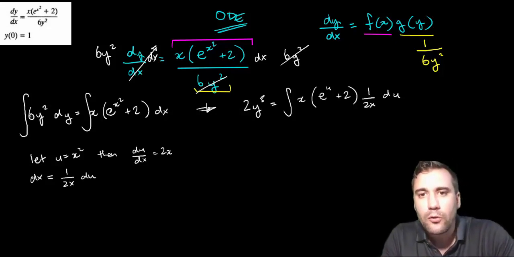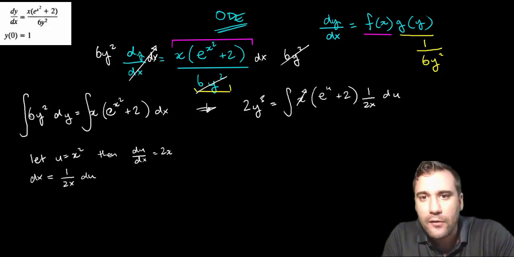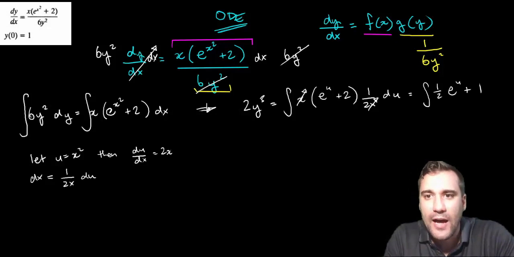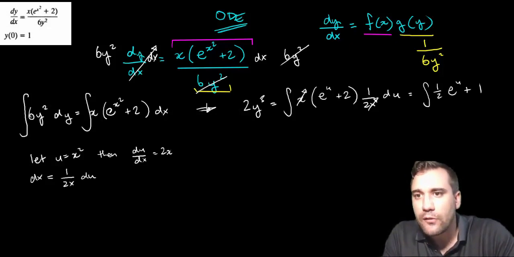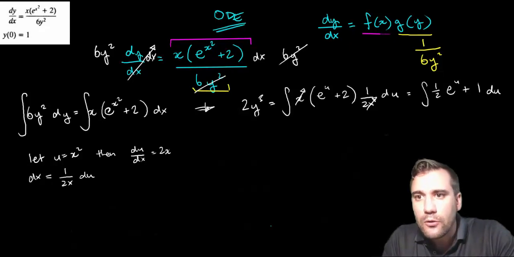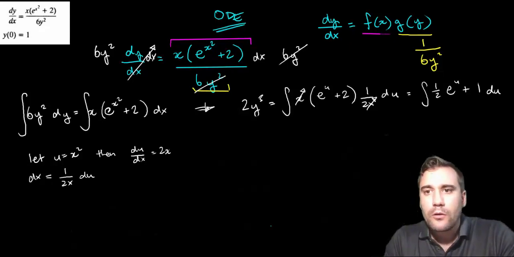Now this is pretty cool because what you'll find is that this x cancels with this x, and we are left with the integral of 1/2 e to the u plus 1. I've just distributed the half here, so hopefully you can see where I'm going with that, and a du just there.